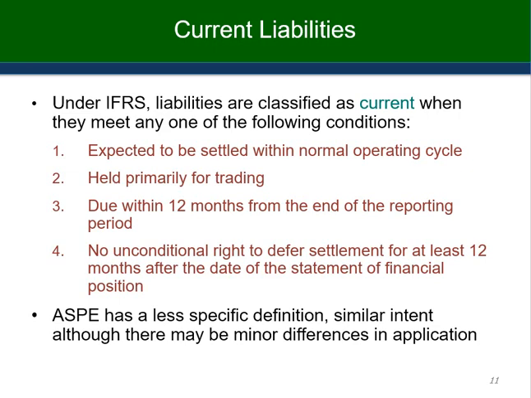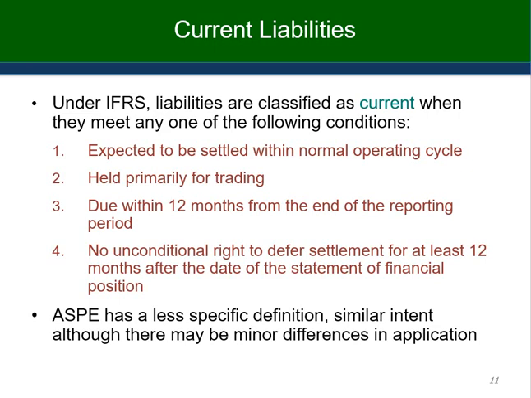So we would recognize a current liability if the liability is expected to be settled in the entity's normal operating cycle, which is usually a year, or if it's held primarily for trading, so it's something like an obligation arising under a derivative, like a stock option, that sort of thing, or if it's due within 12 months from the end of the reporting period, or if the entity doesn't have an unconditional right to defer its settlement for at least another 12 months after the statement of financial position date.